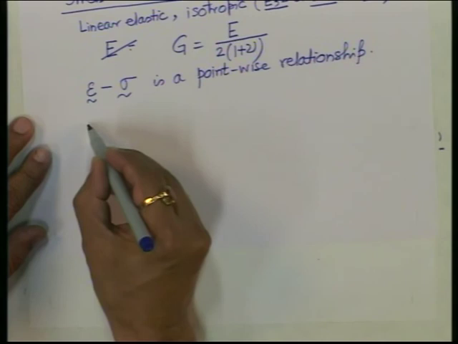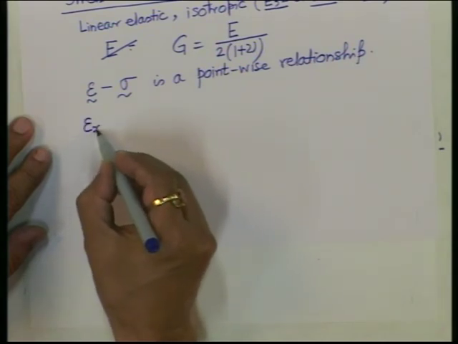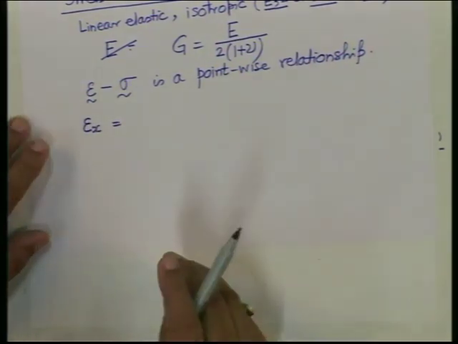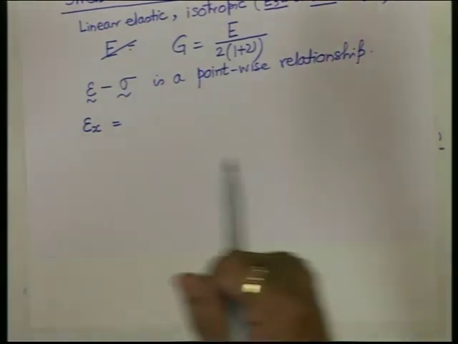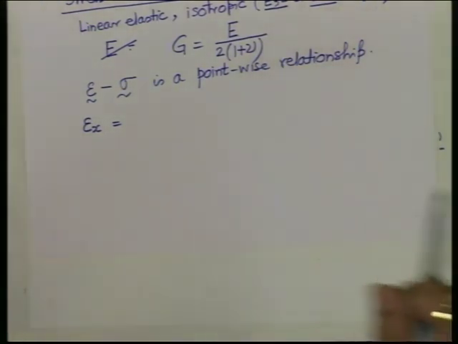So, strain in x direction can be written as, if you apply a sigma x in the body, that will produce epsilon x in the body, but that will also produce epsilon y and epsilon z, but they will be compressive.